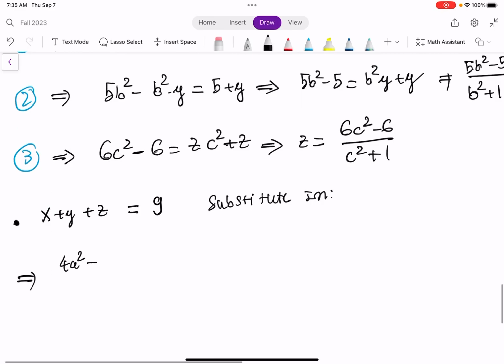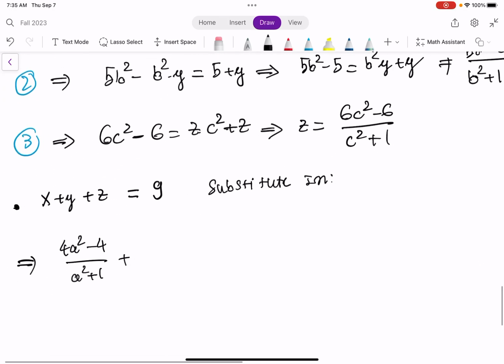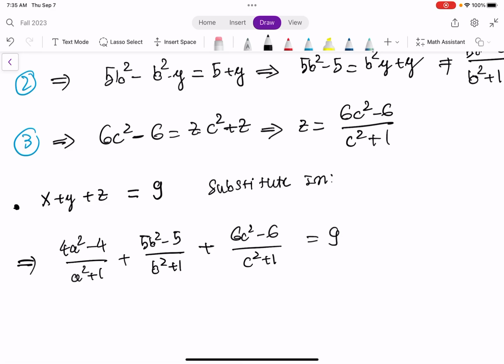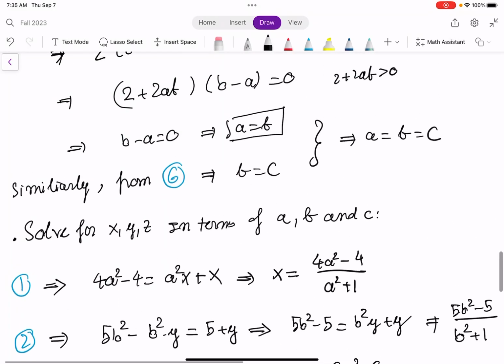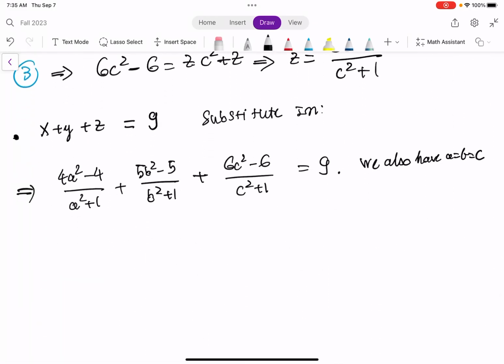So (4a squared minus 4) over (a squared plus 1) plus (5b squared minus 5) over (b squared plus 1) plus (6c squared minus 6) over (c squared plus 1) equals 9, right? And recall that we also have a equals b equals c, which is really cool. We just derived that very nice symmetry over there on top. So we can make this one variable only. Let's convert everything to a.